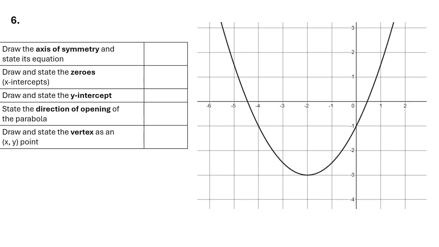This parabola, the axis of symmetry, is this line right here. And its equation is x equals -2. The zeros fall on the points -4.5 and +0.5.